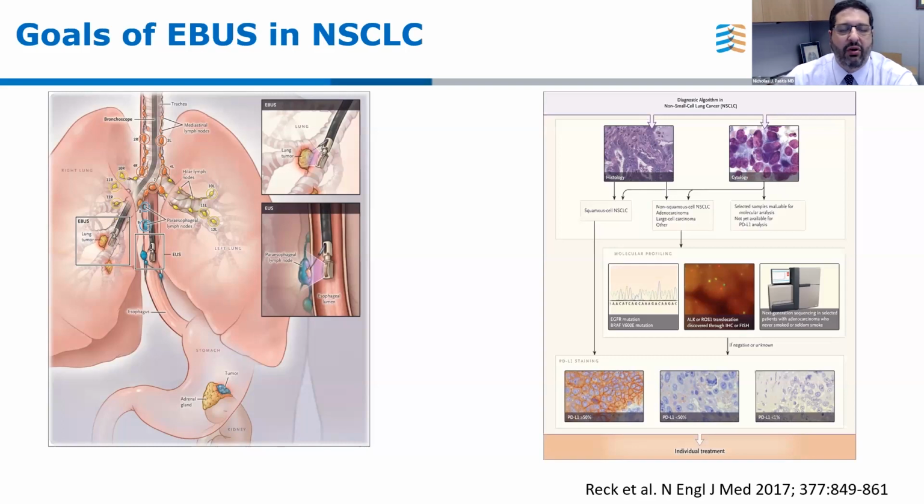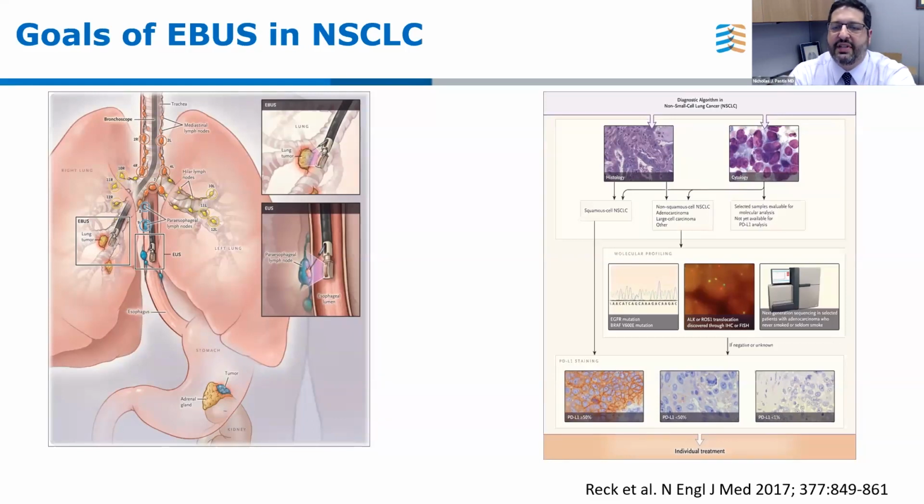In general, what are our goals? We want to make a diagnosis. On the top, you see a picture of what a histology smear is on the left. On the right, you can see a cytology smear, cells smeared on a slide. So first, is it cancer? And if so, is it non-small cell or small cell?